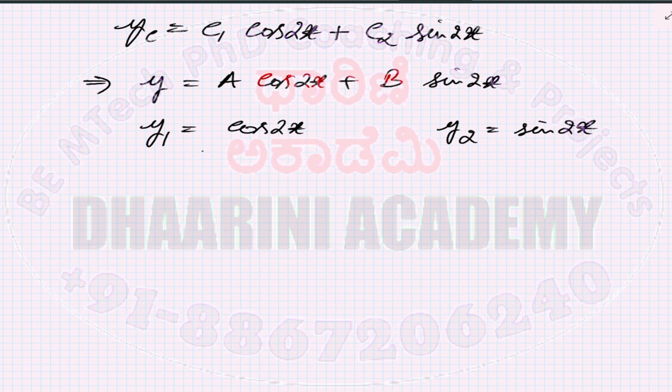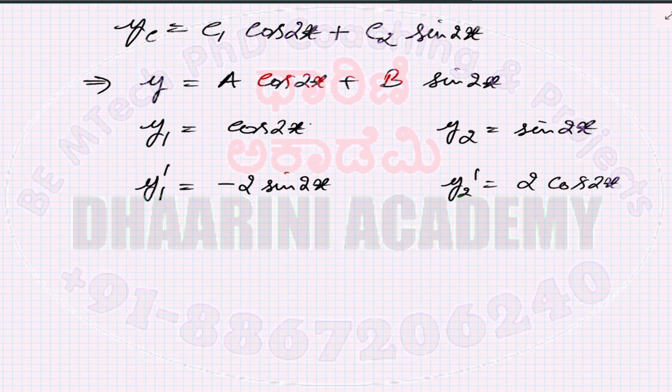So I need y1 dash and y2 dash. y1 dash is equal to minus 2 into sin 2x, and y2 dash is 2 into cos 2x. They are the differentiation of y1 and y2 respectively.